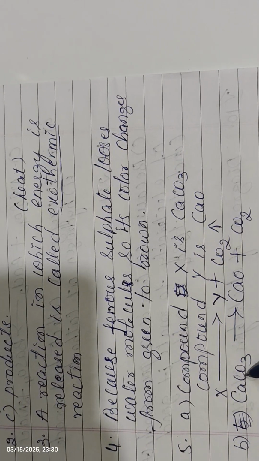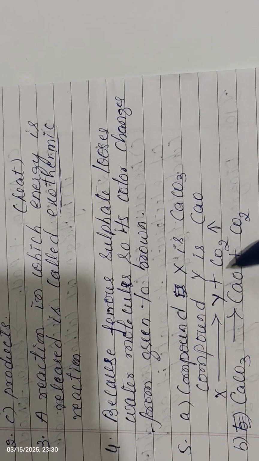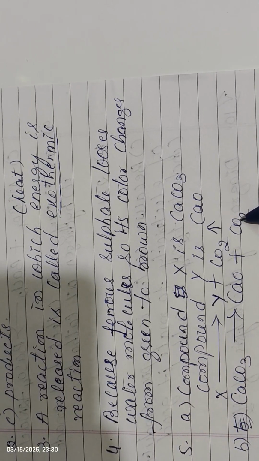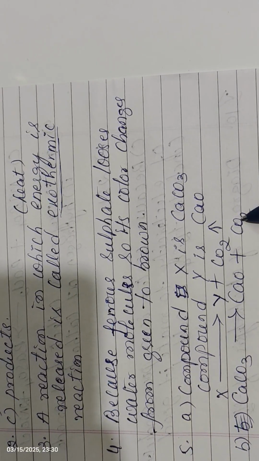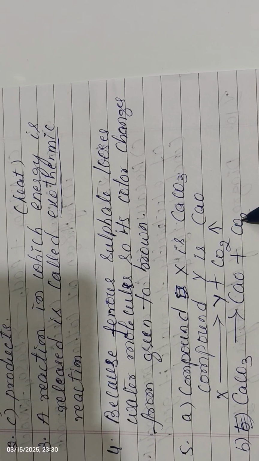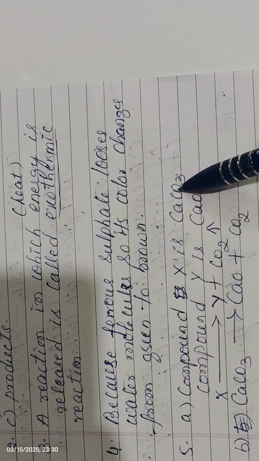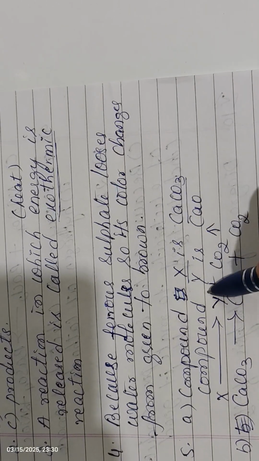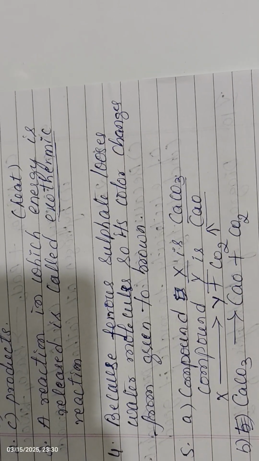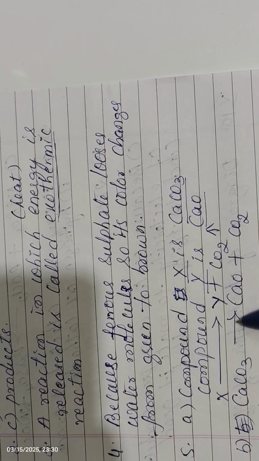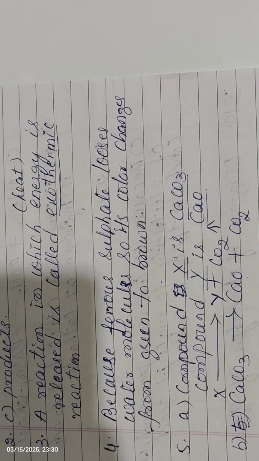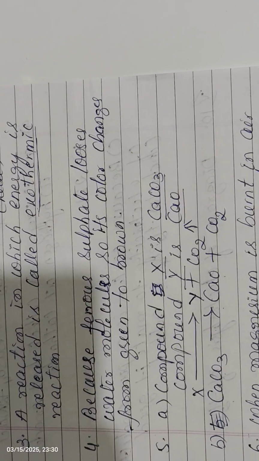So, calcium carbonate decomposes to form calcium oxide plus carbon dioxide. For the first sub question, name the compound X and Y: X is calcium carbonate, Y is calcium oxide. And the equation is calcium carbonate decomposes to form calcium oxide plus CO2, that is carbon dioxide. So, we'll move to the next question.